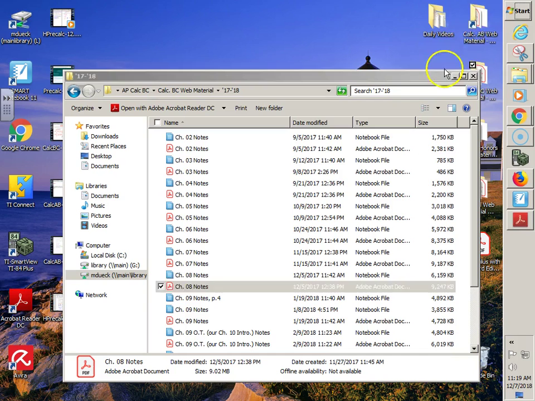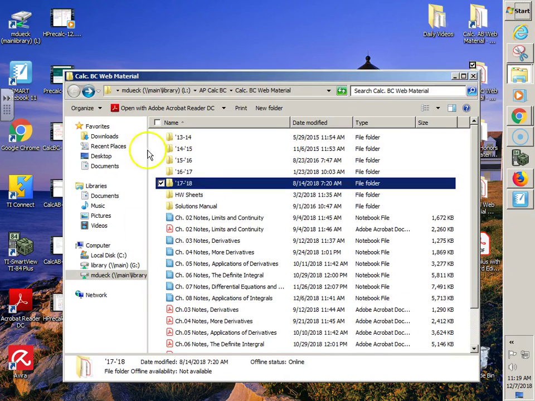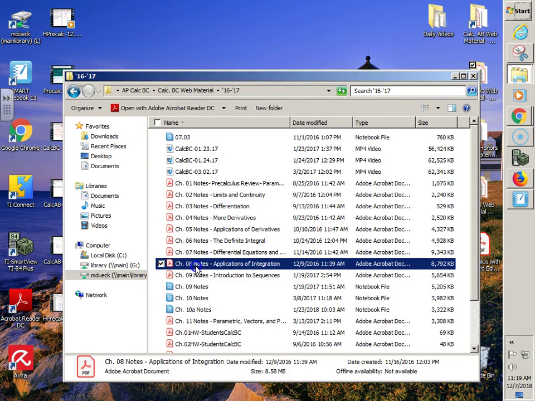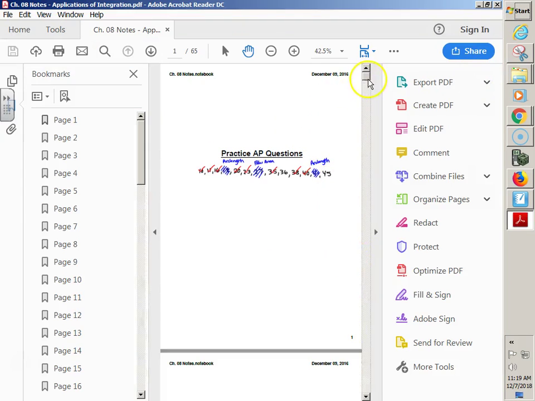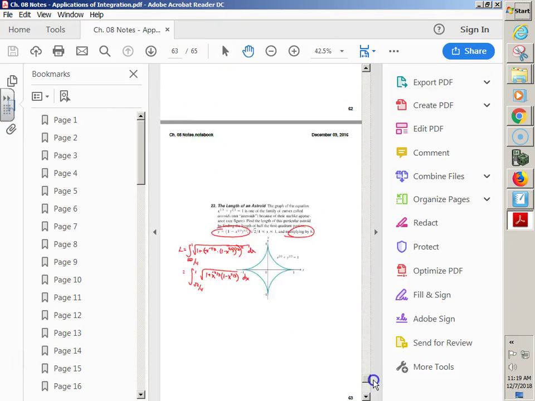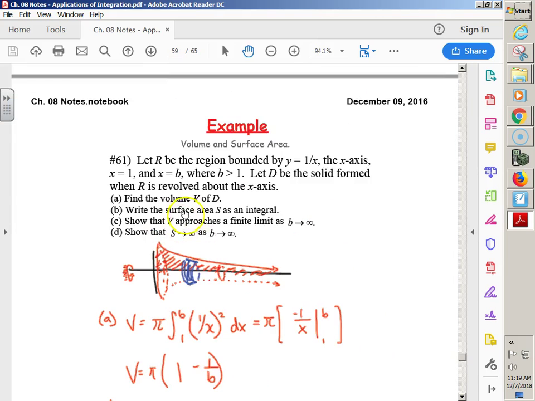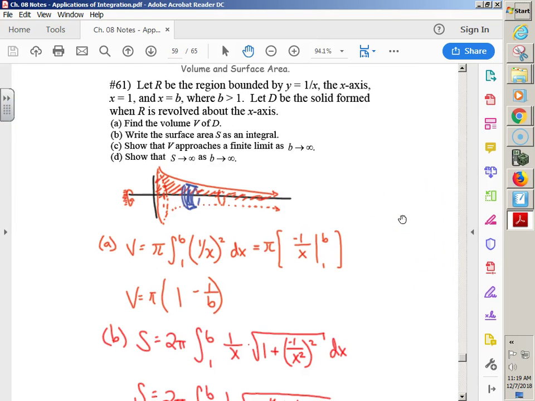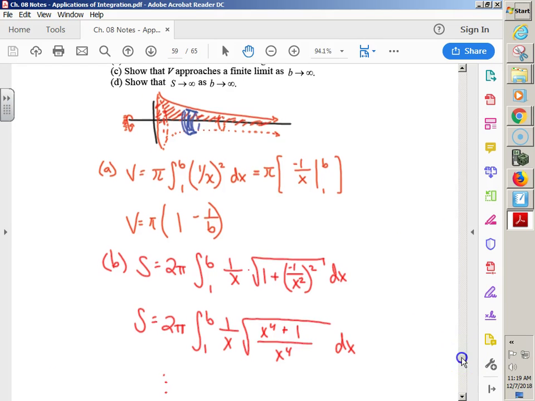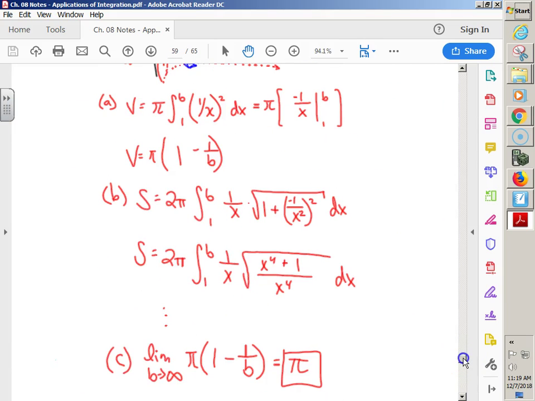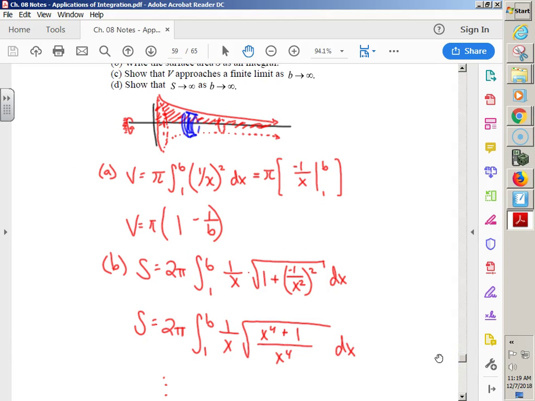Oh, not from last year. Those would have been the two setups that you guys would have wanted to do for your volume and for your surface area for your back of your homework spiral problem.